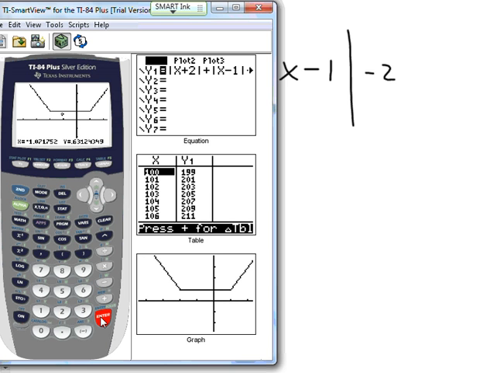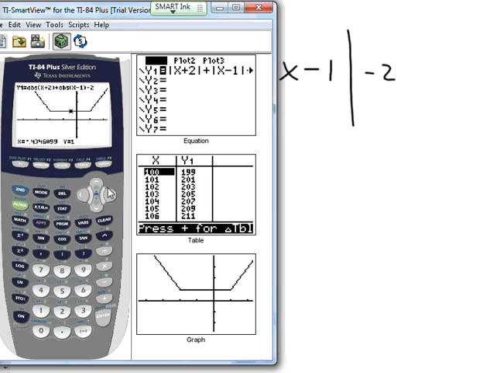Okay. So I can see it's decreasing until it hits that one spot. Well, you can use trace. Can you see that that spot's pretty much negative 2? As soon as I went around the corner, it was negative 1.99. Okay. And then the y is 1. And then I can see where the other spot is that's kind of important.